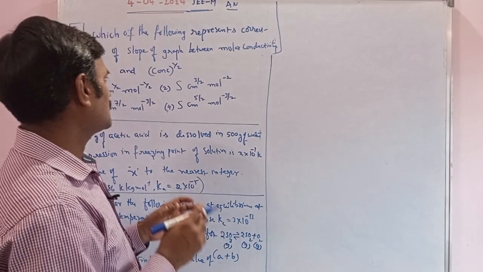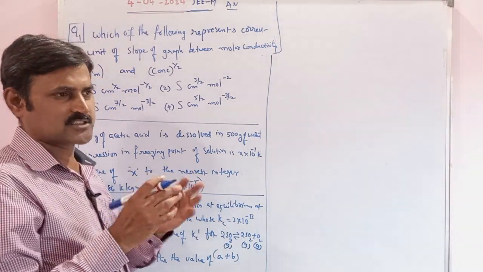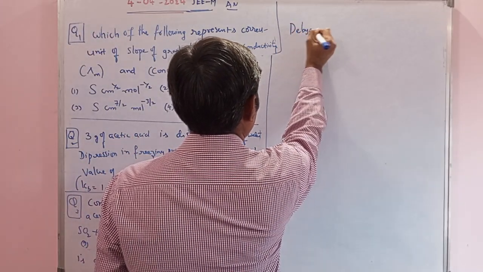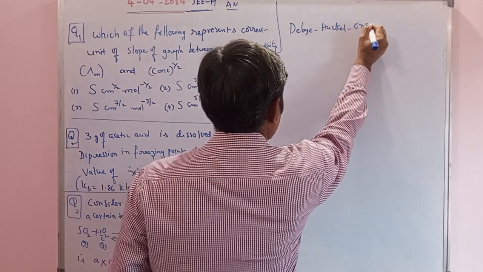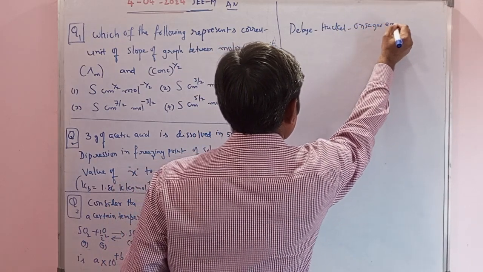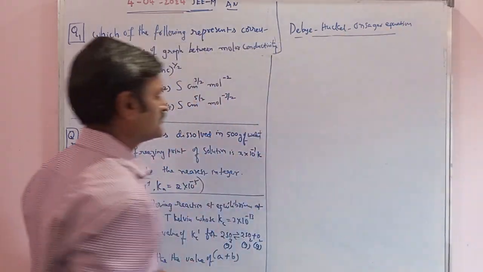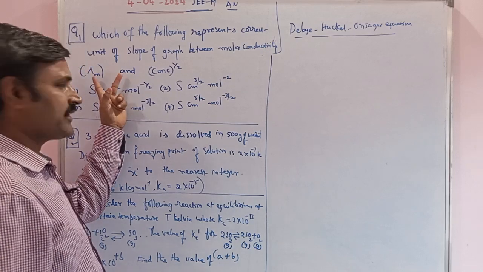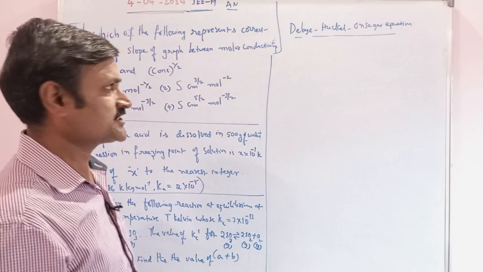the electrolyte solutions by scientist Debye-Hückel-Onsager equation. So we need the Debye-Hückel-Onsager equation. If you see it, definitely we will get a relation between molar conductivity and square root of the concentration.